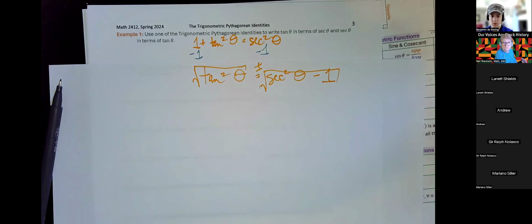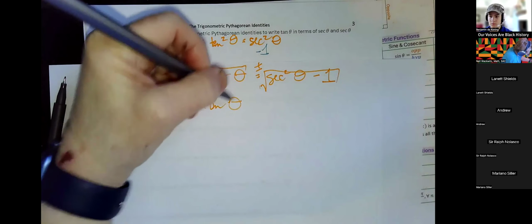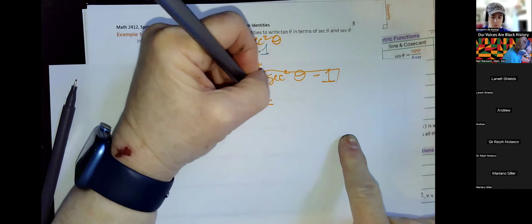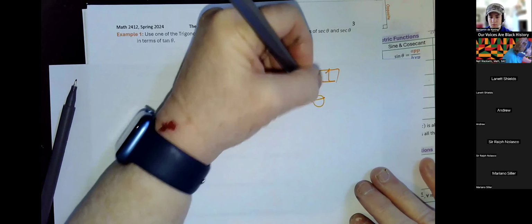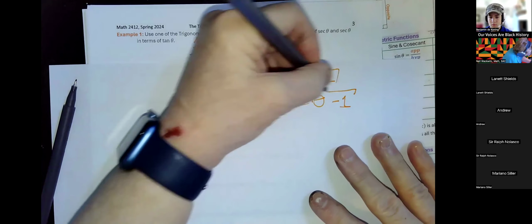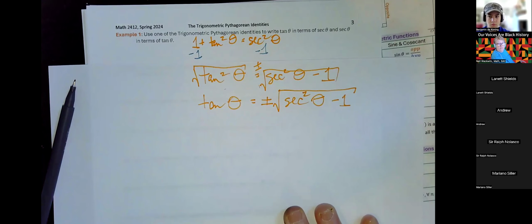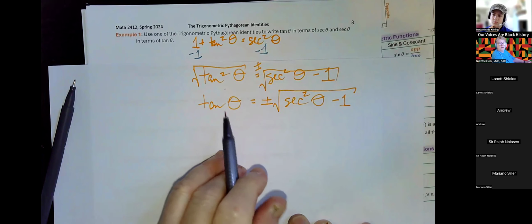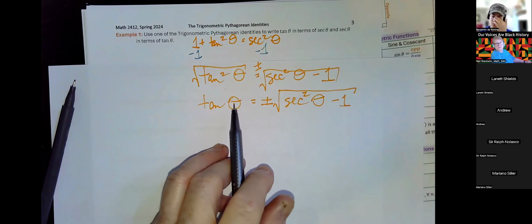We'll just be left with tangent theta. Good. So tangent theta is plus or minus the square root of secant theta squared minus 1. And the plus or the minus will depend upon the quadrant that theta lives in.